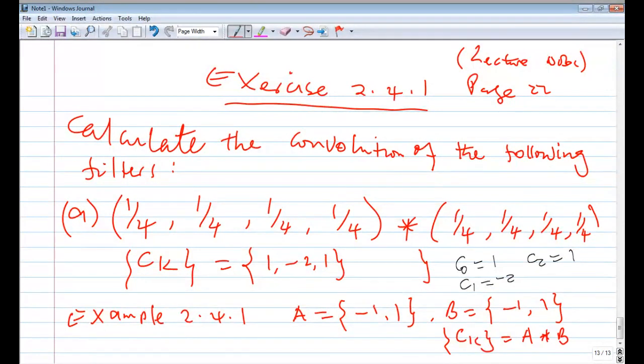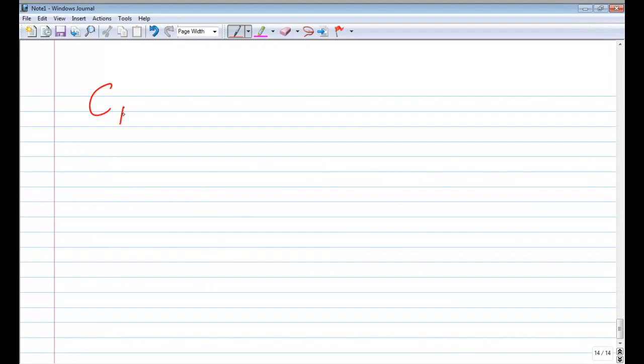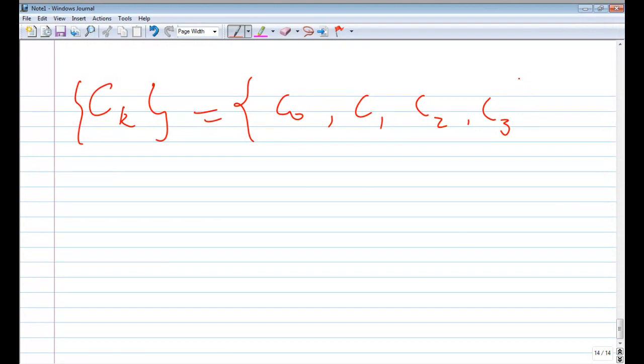Can I tell you another strategy to see whether you are on the right track? If you have got a weight like this, and you want to calculate C0, C1, C2, C3, you want to find the values.